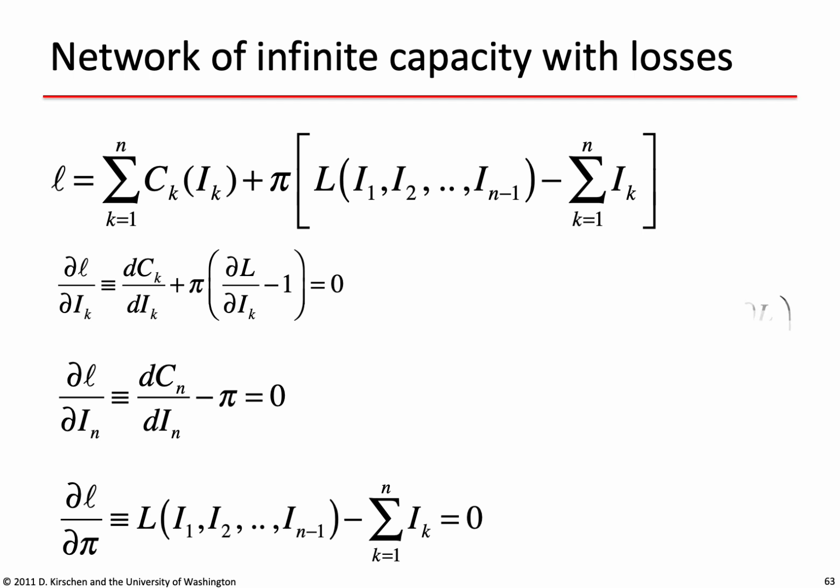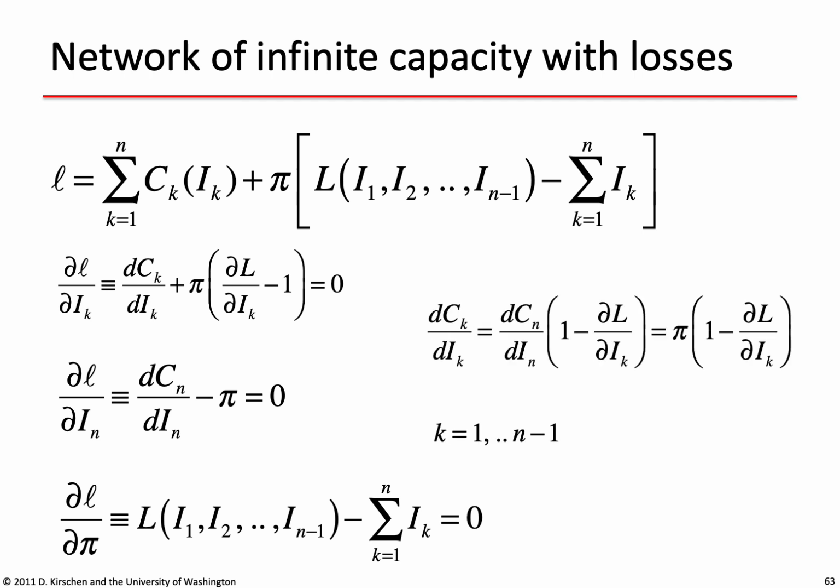So if I take the first two sets of optimality conditions, I conclude that dCk over dIk for all k from 1 to n minus 1 must be equal to dCn over dIn times 1 minus dL over dIk, which is equal to the price, or Lagrange multiplier pi, times 1 minus dL over dIk.